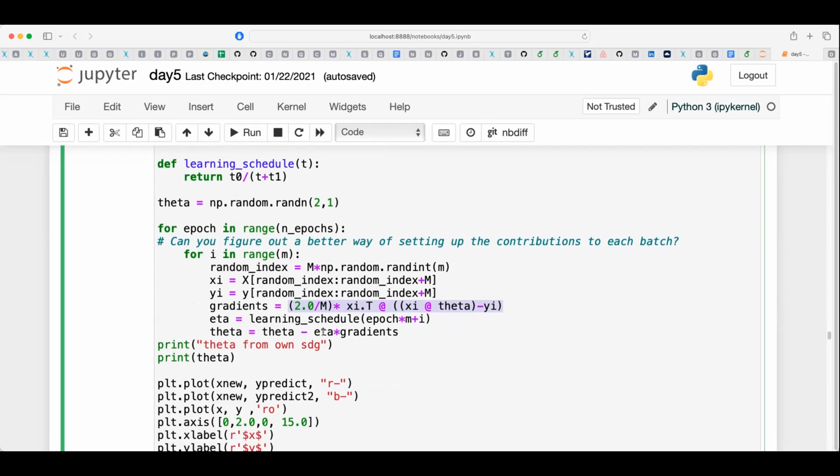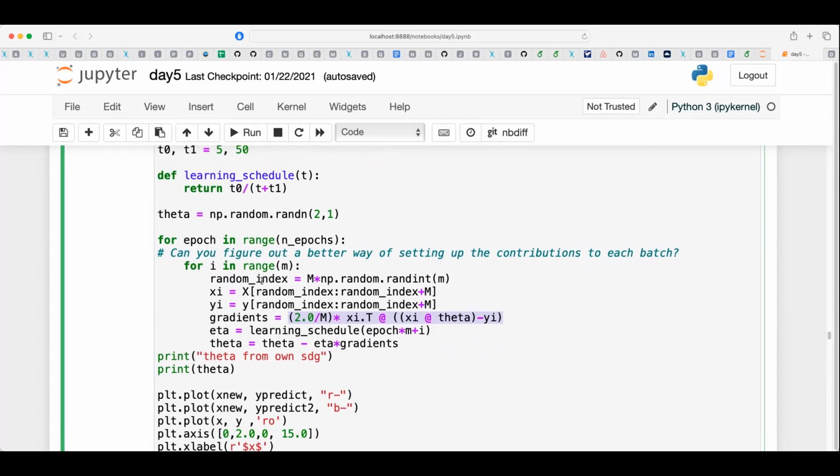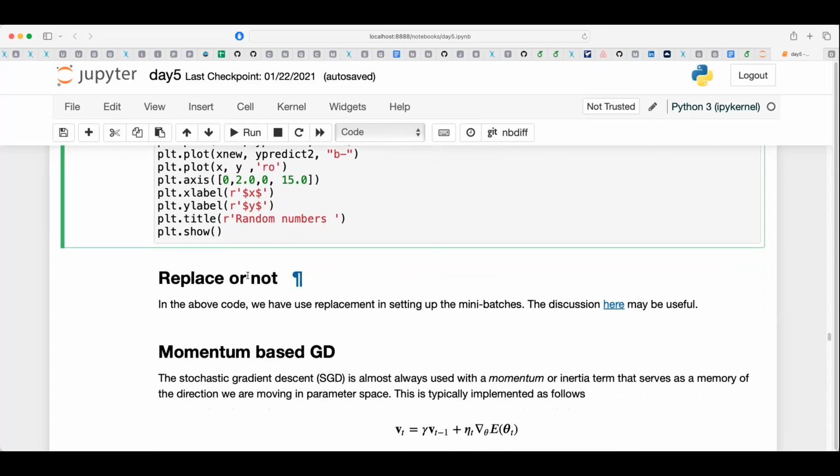And in this specific case, what I'm doing is to place myself randomly, which means I'm doing random selection with replacement. So I could actually pick the same points again. And this is something which is a discussion in the literature. And in the above code, you use replacement in setting up the mini batches.